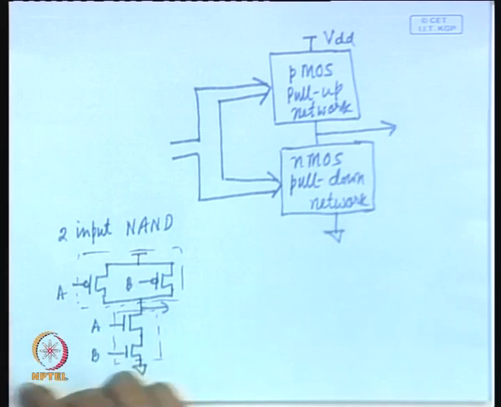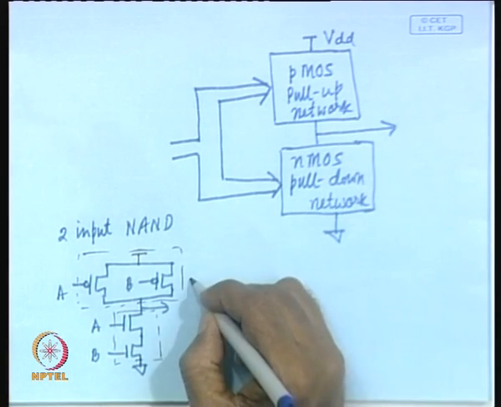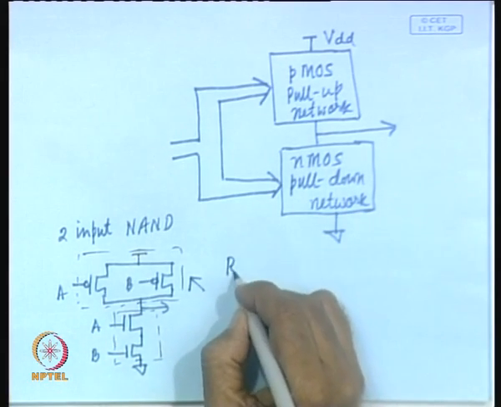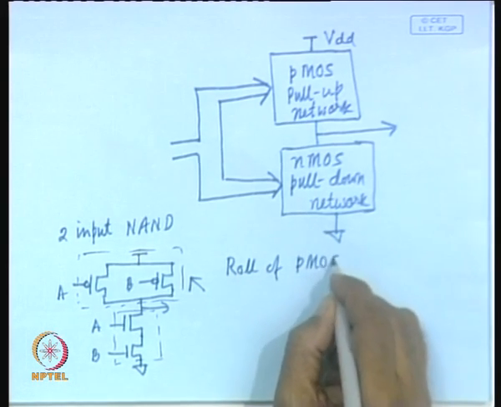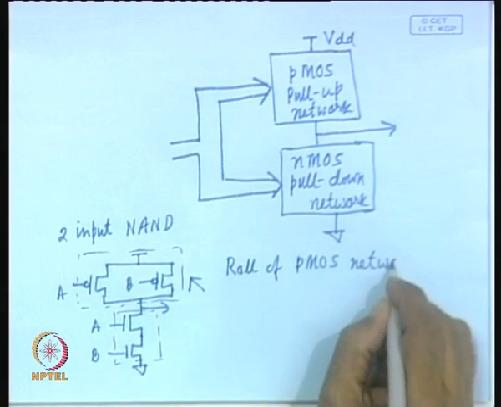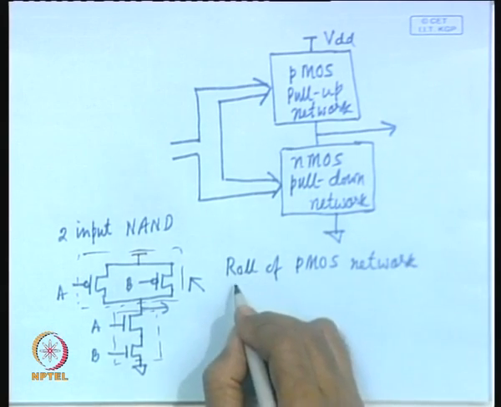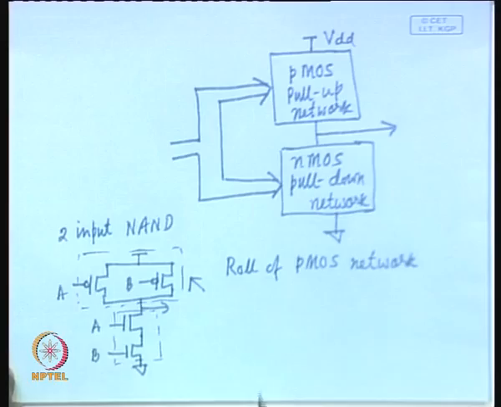Now, what is the role of the PMOS network? As the name suggests, it is a pull up circuit, that means it pulls up the output capacitance voltage to VDD level.